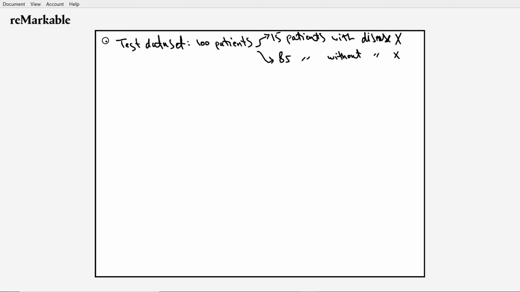And then if you think about the predictions that your model is going to make about each patient, you also have two cases. Your model is going to say, yes, the patient has the disease, a positive prediction, or it's going to say, no, the patient doesn't have the disease, a negative. So for the ground truth reality, we have two cases, and for our model predictions for every patient, we also have two cases.